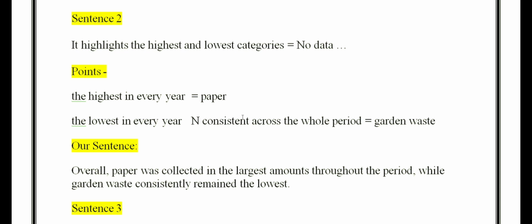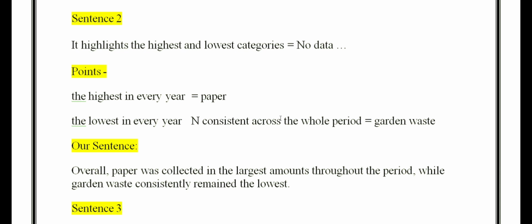So with the bar graph image with you, now zoom the picture and see it. In that we understand that paper was standing at the highest every year. So that is one point. Second, the lowest in every year and also being consistent across the whole period.